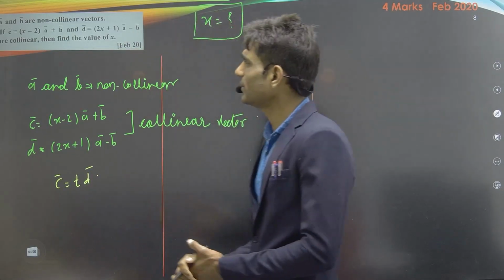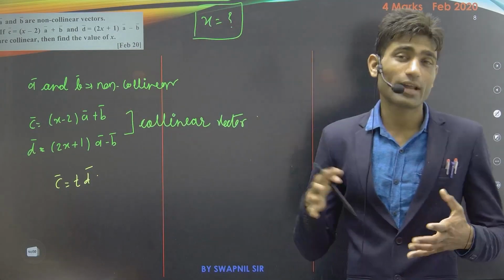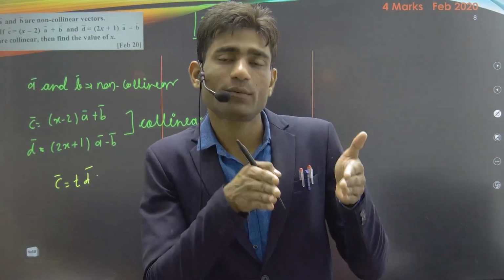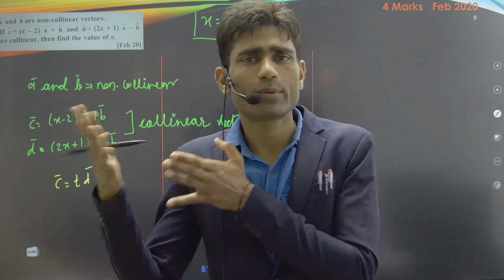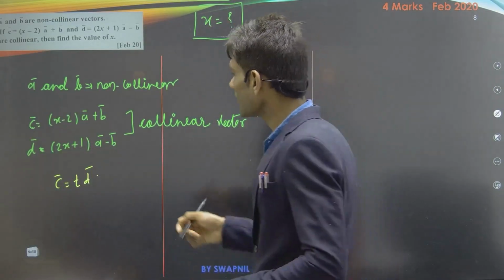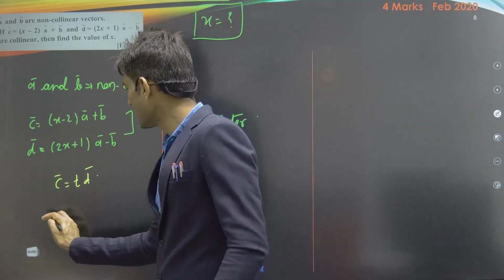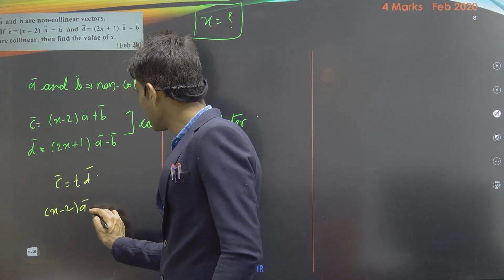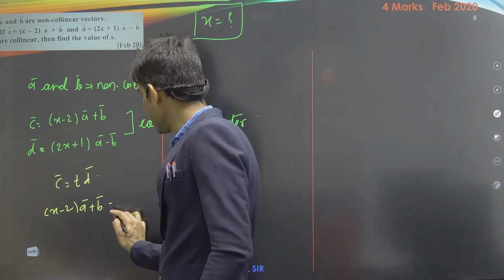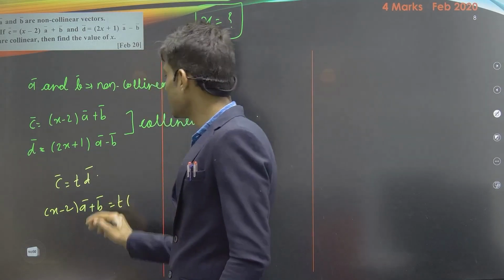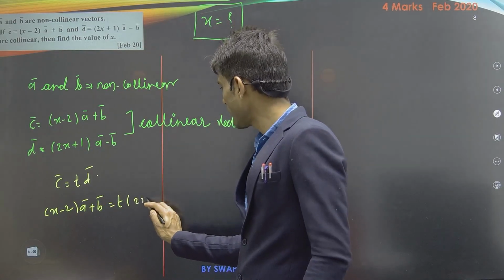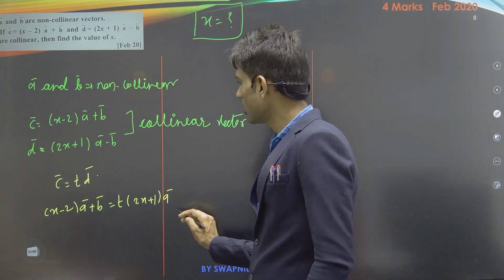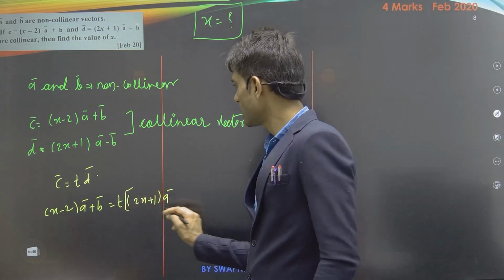Why have I written this? Because these two vectors are collinear, and if two vectors are collinear, then we write the first vector as a scalar multiple of the other vector. Now put c bar here: x minus 2 into a bar plus b bar is equal to t times d bar, which is 2x plus 1 into a bar minus b bar.